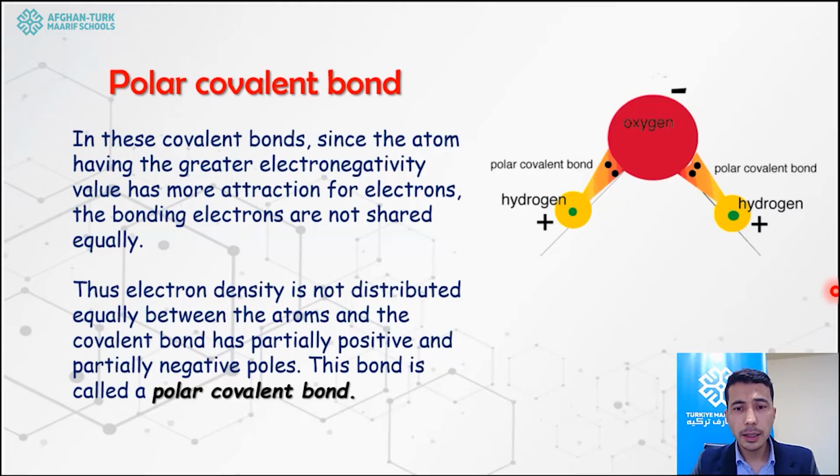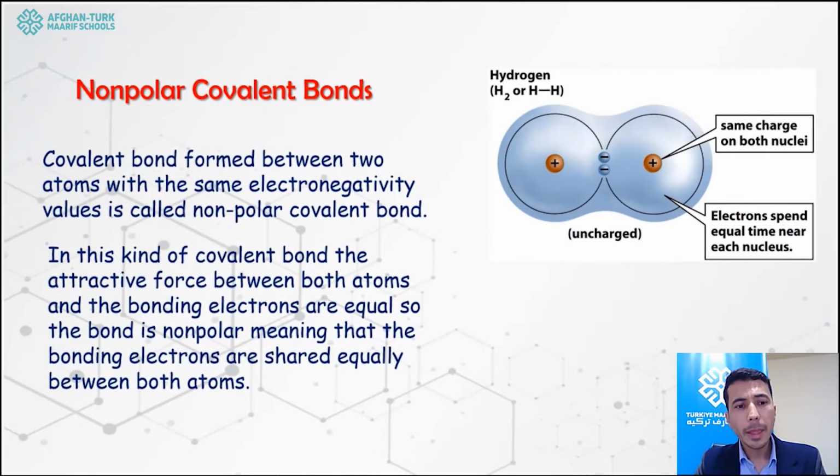Let's see what's in non-polar covalent bonding. In non-polar covalent bonding, the two atoms which are sharing electrons have the same electronegativity values. If it is not the same, they must be very close. For example, we can see over here a non-polar covalent bond between hydrogen and hydrogen atom, one hydrogen and one hydrogen.